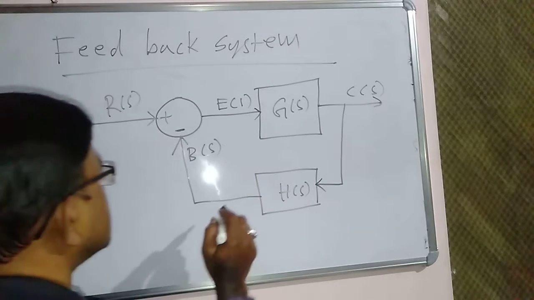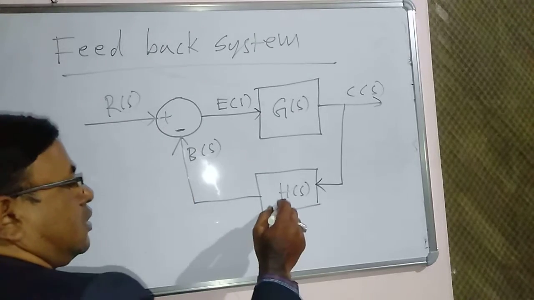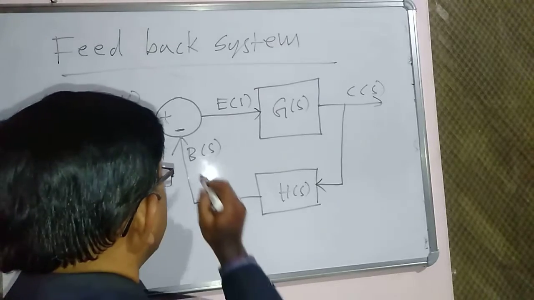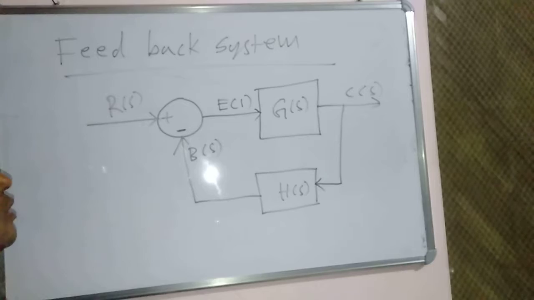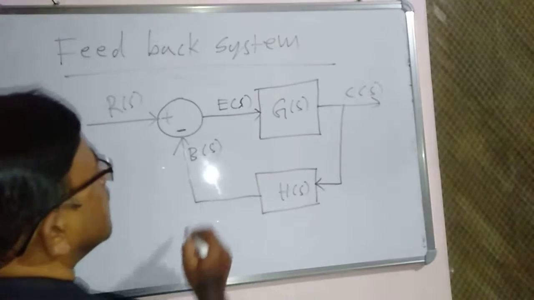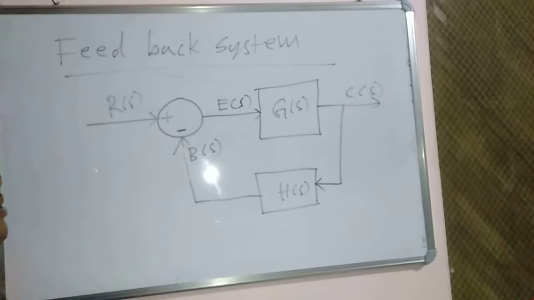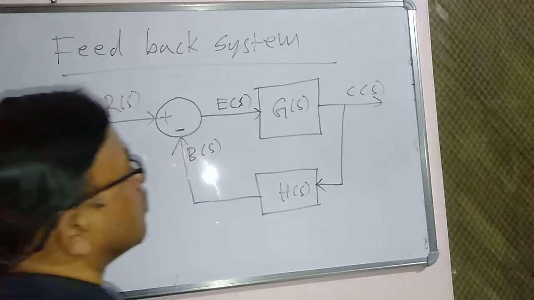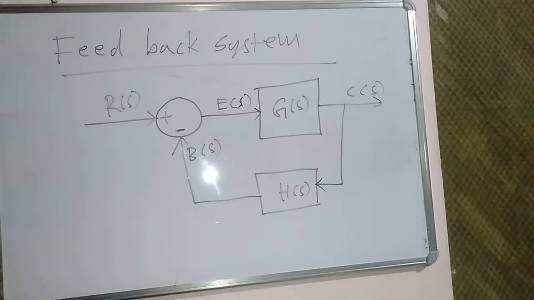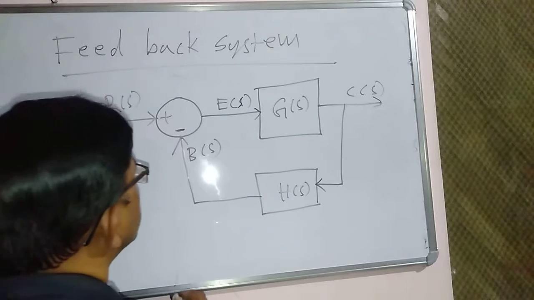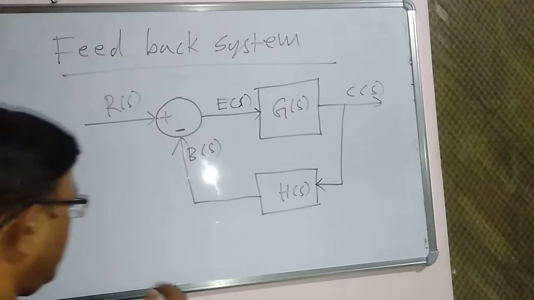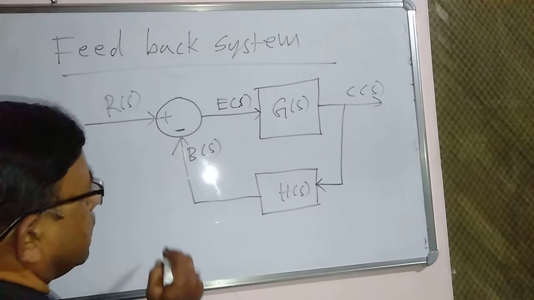Here G(S) is called the forward path transfer function, H(S) is called the feedback path transfer function, B(S) is called the feedback signal, E(S) is called the error signal, R(S) is called the reference signal, and C(S) is called the controlled output. Therefore, if it is having negative feedback, then this feedback system is called canonical form.